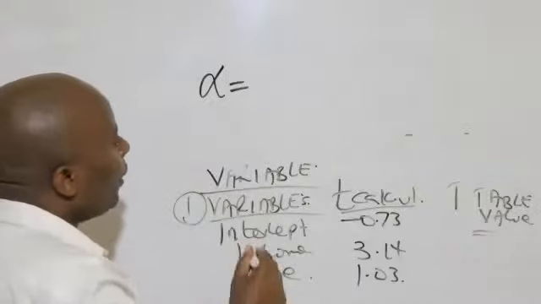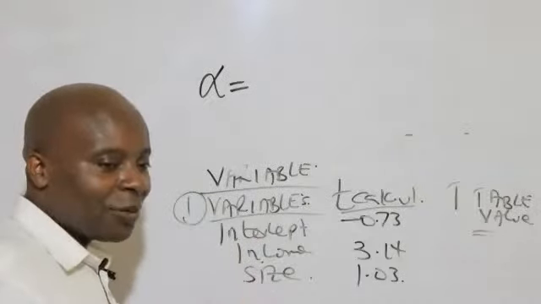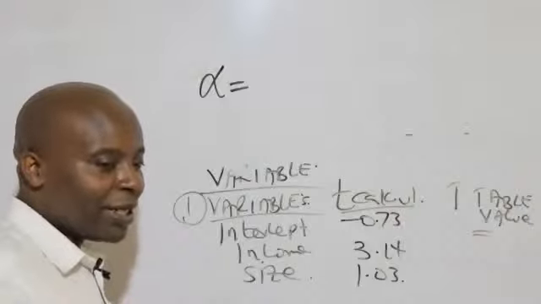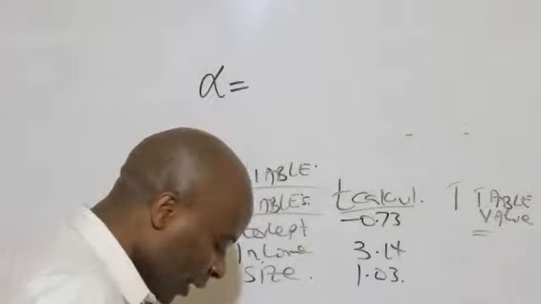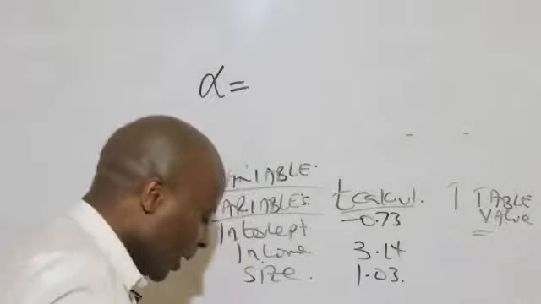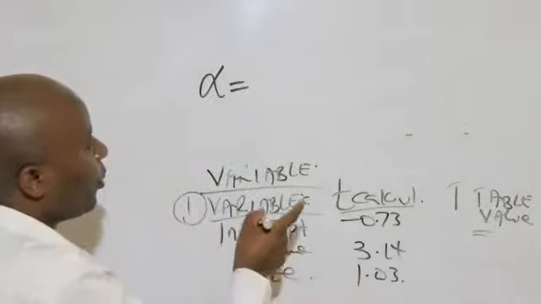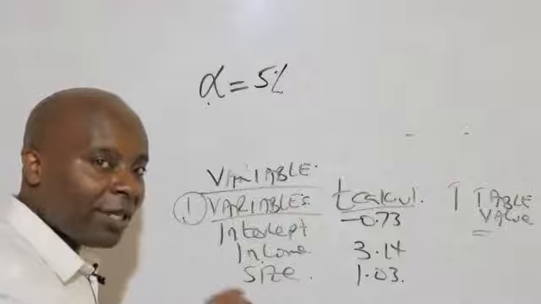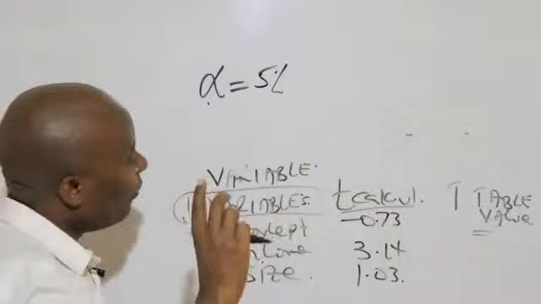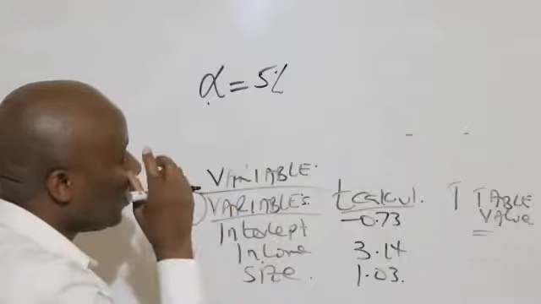The level of significance here has not been given expressly, but you can see 95% confidence intervals. Whenever confidence intervals are given, you can easily get the level of significance. So in this case, the level of significance is 5%. And remember that 5% is our default. Whenever level of significance is not given, always assume it is what here?